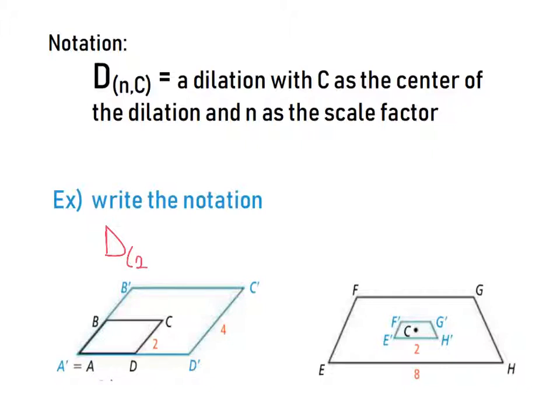So I'd put the 2 there, and then the center is where it's stretching from, and that's this point right here. You can see this point did not change. A and A prime are the same, and it's stretching out from that point. You can see it was to there, now it's along there. So I'm going to put A as my center of dilation, and then of the quadrilaterals, I'm just going to say A, B, C, D.